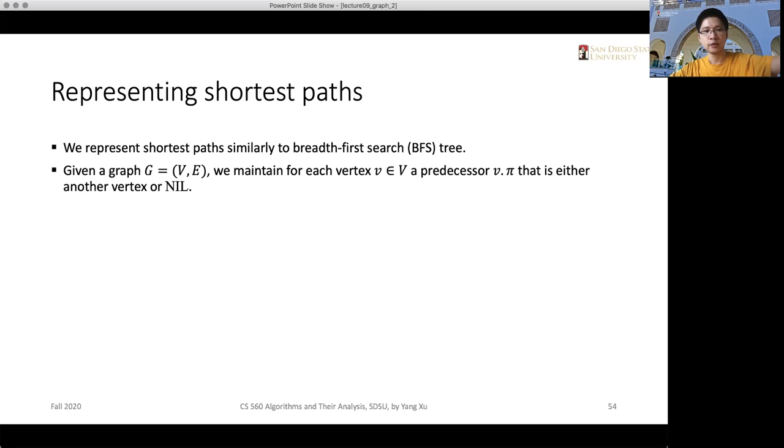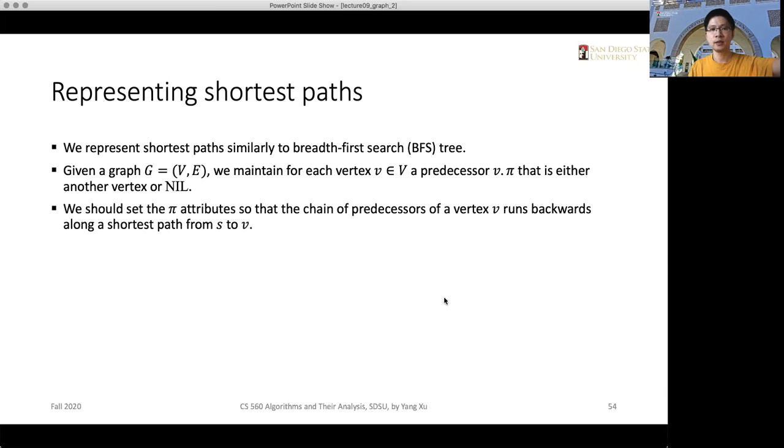So given a graph, for each vertex we should maintain a predecessor or a parent, v.pi. And this v.pi points to another vertex, or it can be nil or none for the source vertex. So the edge from v.pi to v connects these two vertices. Okay.